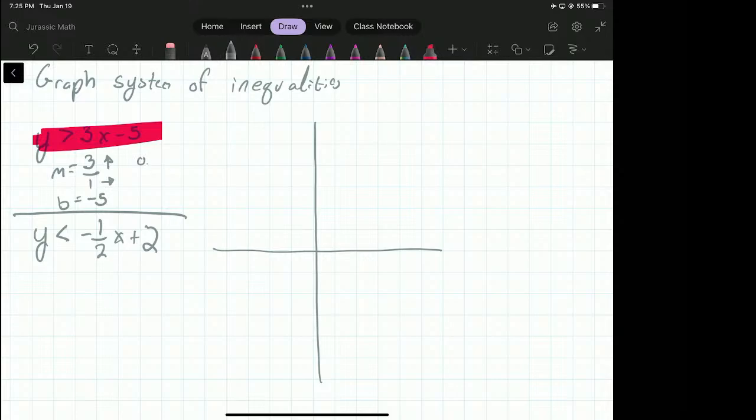This is going to be an open dot because there's no line, and it's going to be dotted. So that means I can go to my graph, go down to negative 5. 1, 2, 3, 4, 5. Open dot. Go up 1, 2, 3 over 1. Open dot. And then I can draw my dotted line.